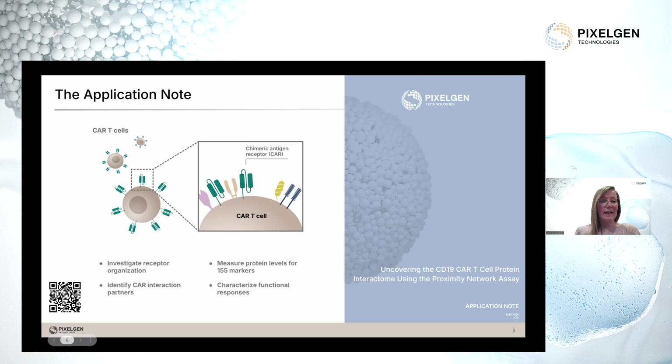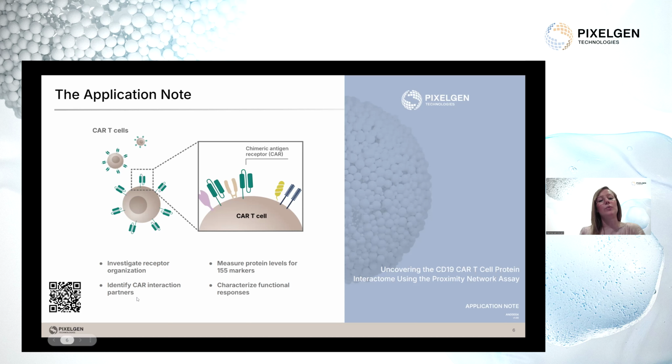So basically, this application note is focused on phenotyping of CAR T cells. And in particular, we are showing how you can investigate receptor organization, really seeing how the CAR receptor is organized, if it's clustered or if it's evenly distributed, etc. We also focus a lot on understanding what the CAR receptor interaction partners are.